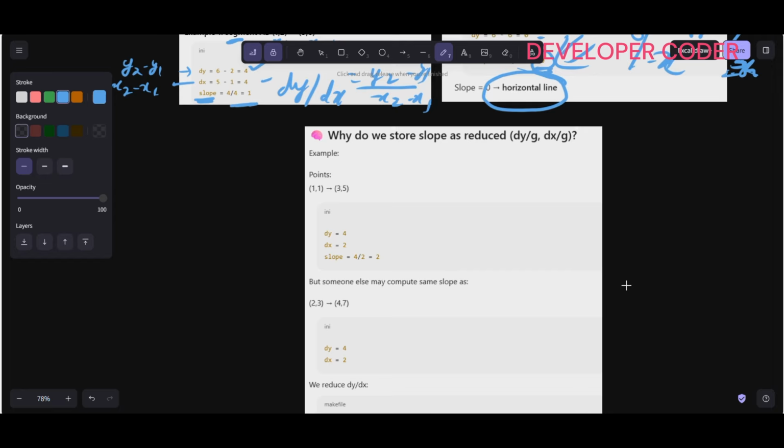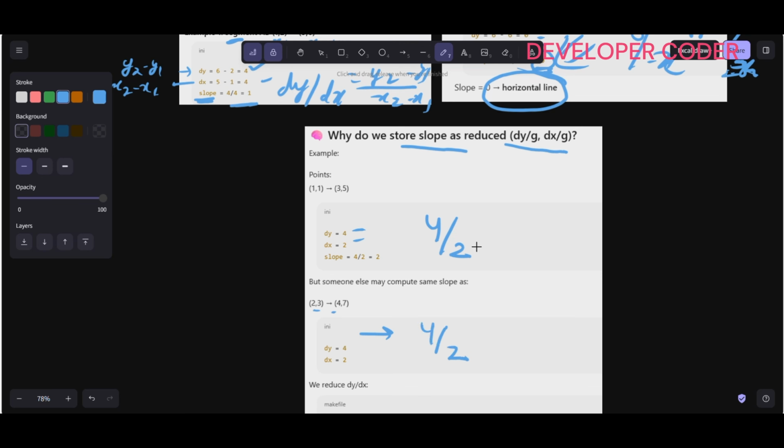So now, why do we store slope as reduced dy by g and dx by g? Why do we need to do it like this? See this example. Here you are going to get 4 by 2. In this case also you are going to get 4 by 2.